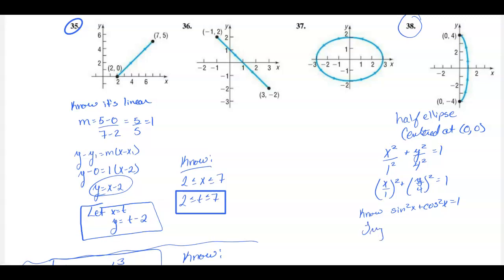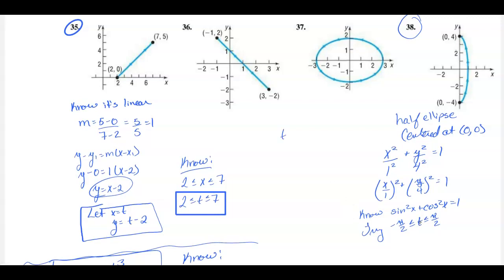So let's try it. Now, a lot of times with figuring this out for something like an ellipse, and this is going counterclockwise, you've got to think about what it could be and then try it and see if it works.